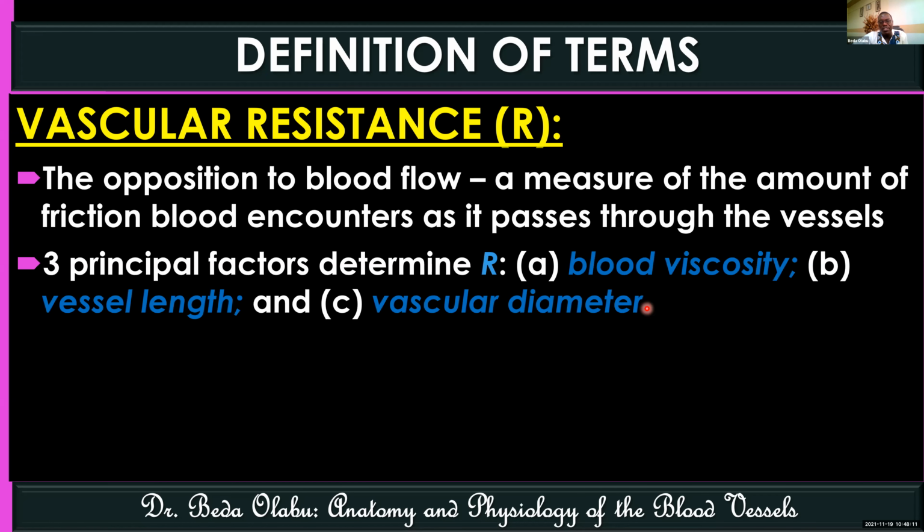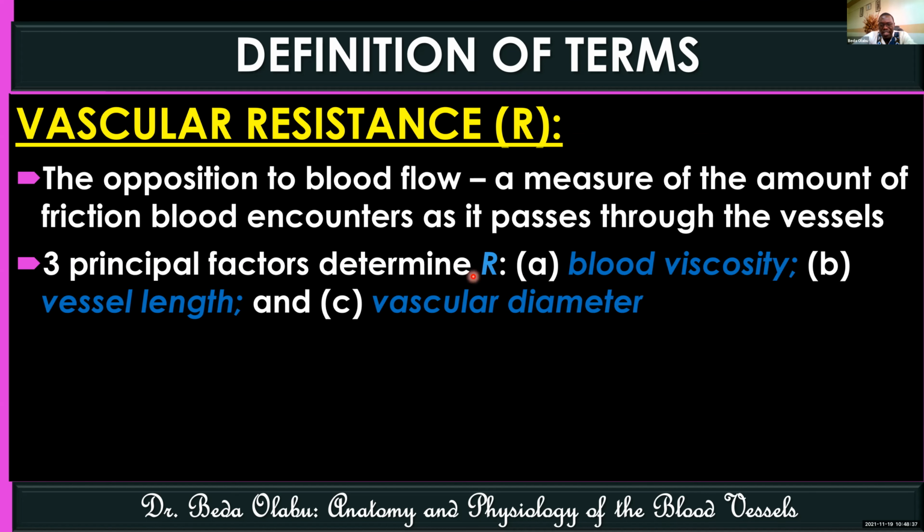But if the vessel is narrow, it means that at any given time, in any cross-sectional area, a bigger proportion of blood is actually hitting the vascular wall, and so experiencing a lot of resistance. The narrower the lumen, the higher the resistance. The wider the lumen, the lower the resistance.